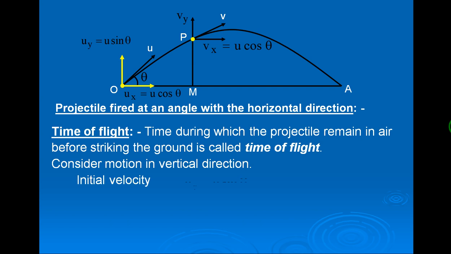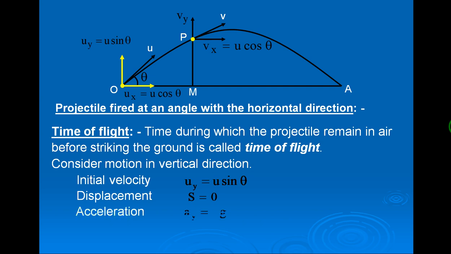Initial velocity uy is equal to u sin theta. Displacement s is equal to 0 because the projectile again strikes the ground. Therefore, the total displacement in the vertical direction is 0, so s is equal to 0.